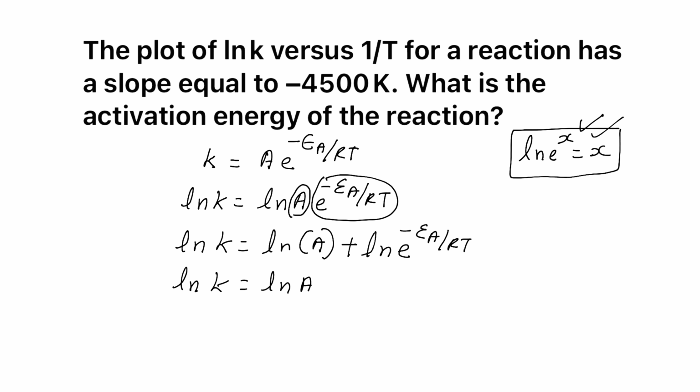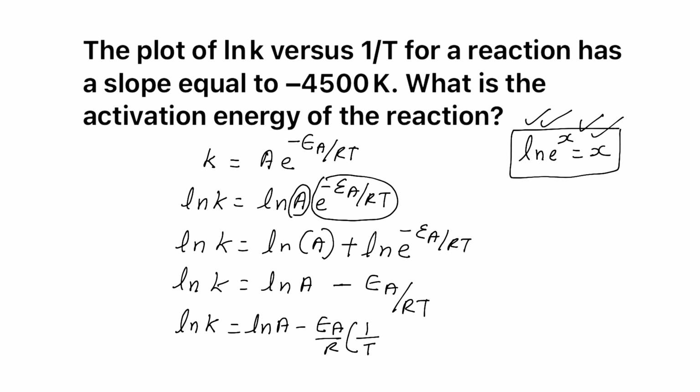So what is that? Minus EA by RT. Log e raised to minus EA by RT becomes minus EA by RT. This rule we use. Now we can write it properly: log K is equal to log A minus EA by R into 1 by T.